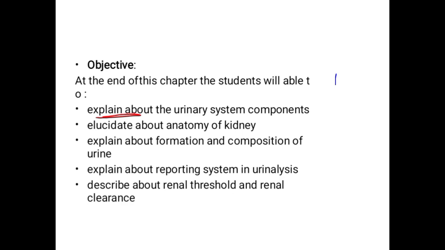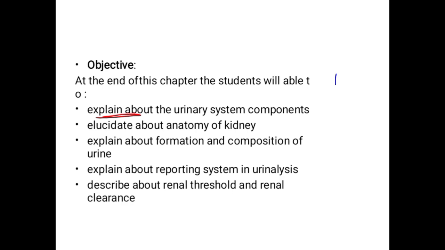The functions of the kidney: filter blood, remove waste, balance electrolytes, regulate blood pressure. The second one, ureters.